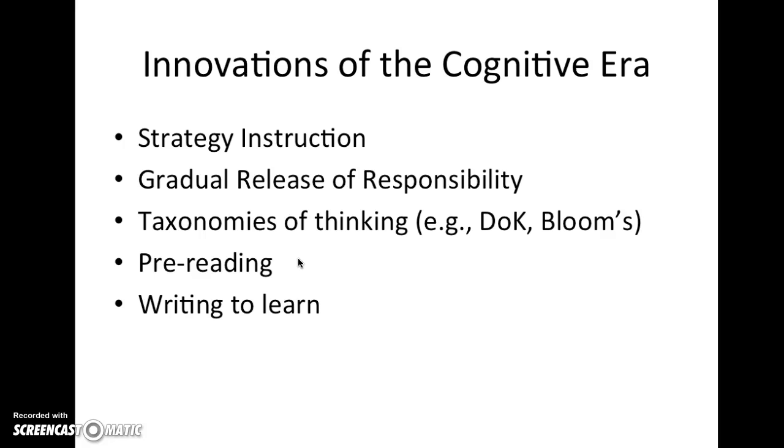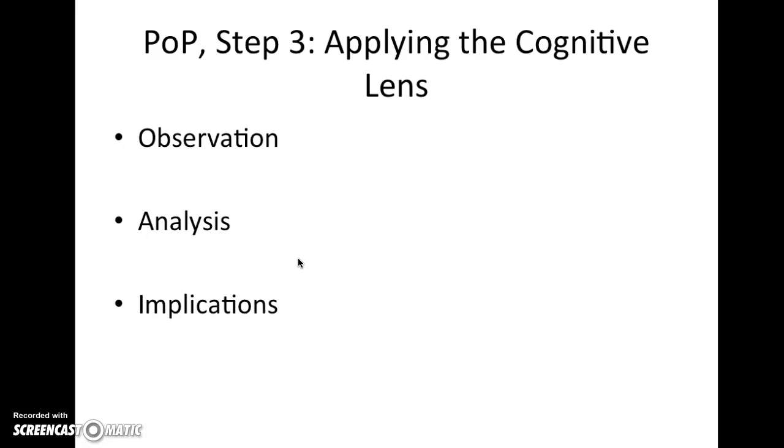The idea of pre-reading, activating prior knowledge, became a primary concern and a major aspect of the recommendations of the literature in the 80s and 90s. We obviously still hold on to that. And then writing to learn as well. This idea that writing and constructing our own scripts could be a way to process and then convey information too.